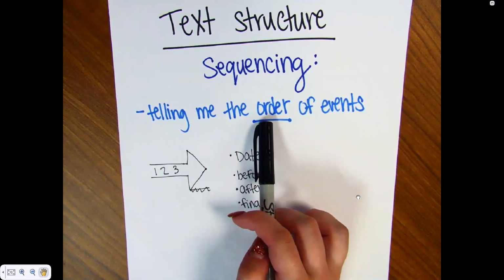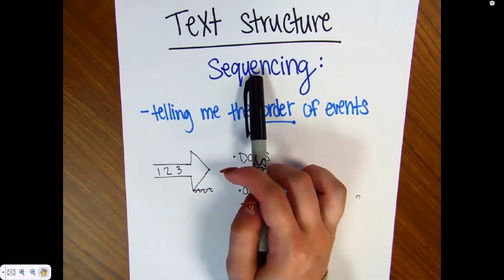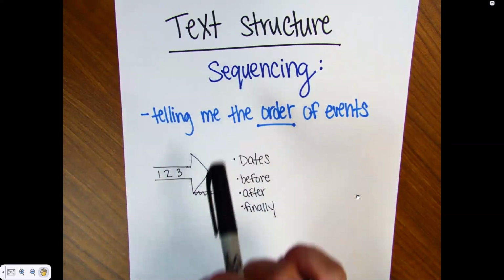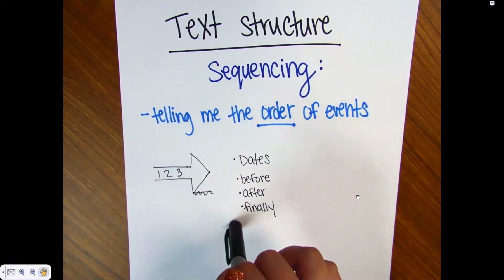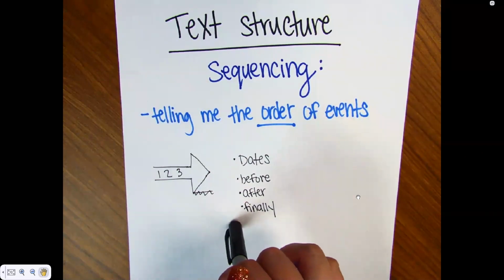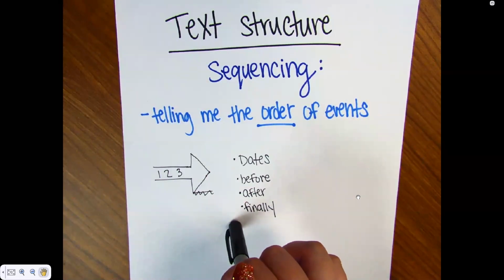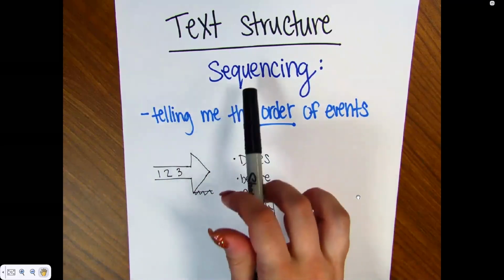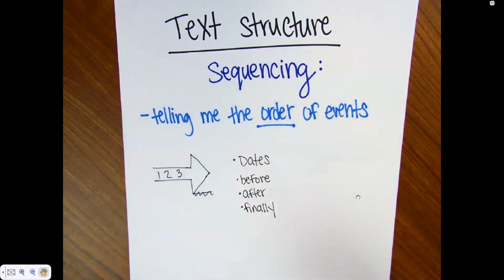If the answer is yes, that you could do it in a different order, then it's not sequencing. If the answer is no, that you have to do it in a specific order for it to work, then you would be sequencing. You'd be putting something in order.